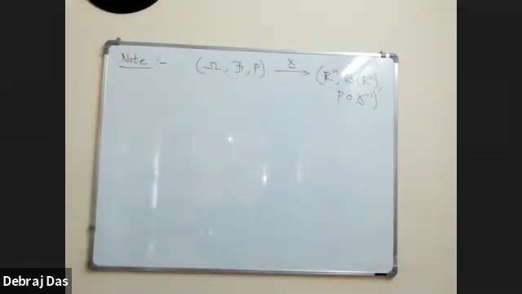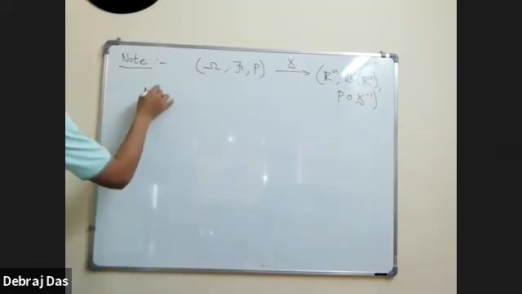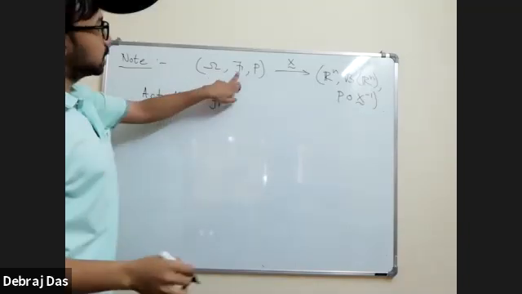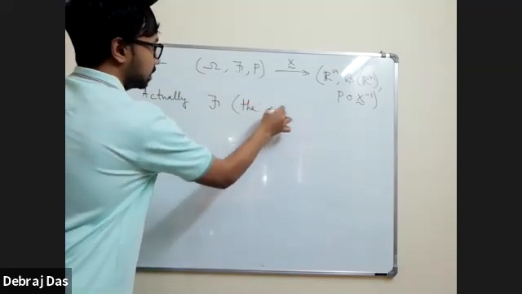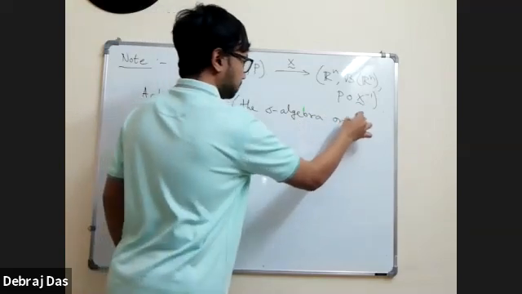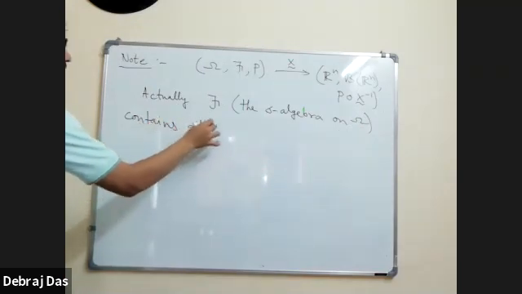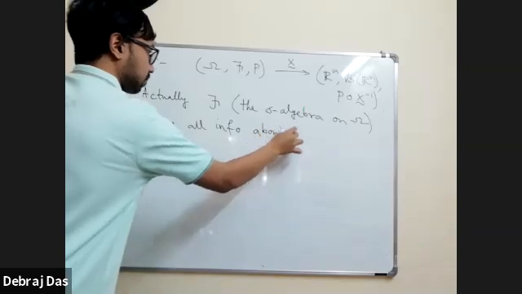So clearly, the script F, which is the sigma algebra on omega, contains all information about omega.